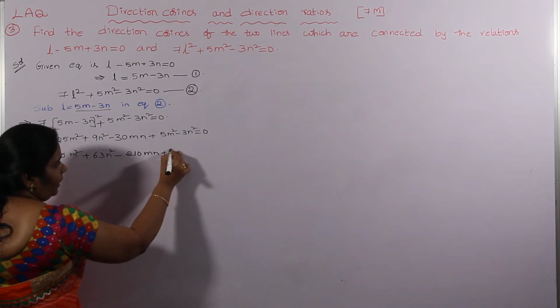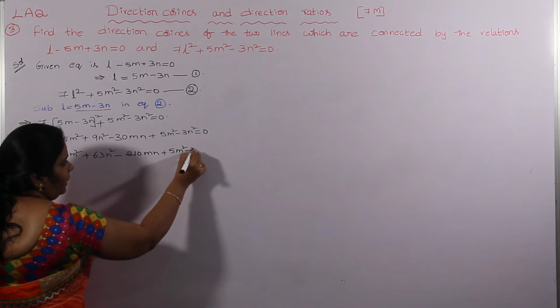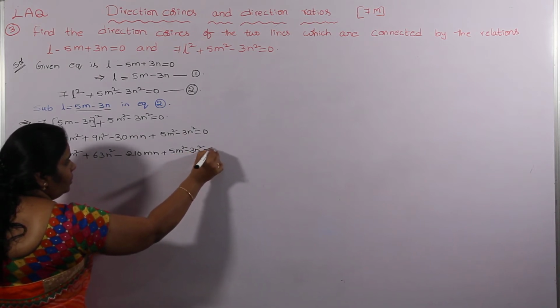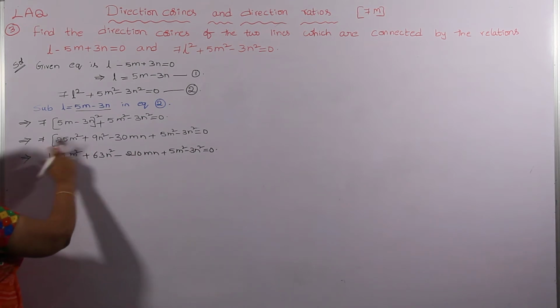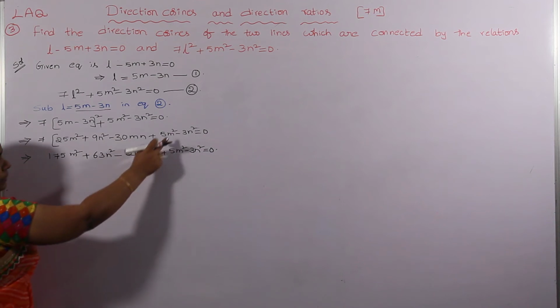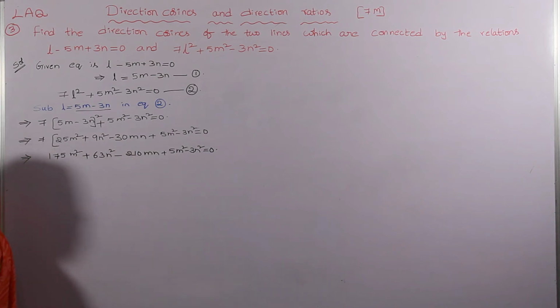This 5m square minus 3n square is equal to 0, taken as it is.